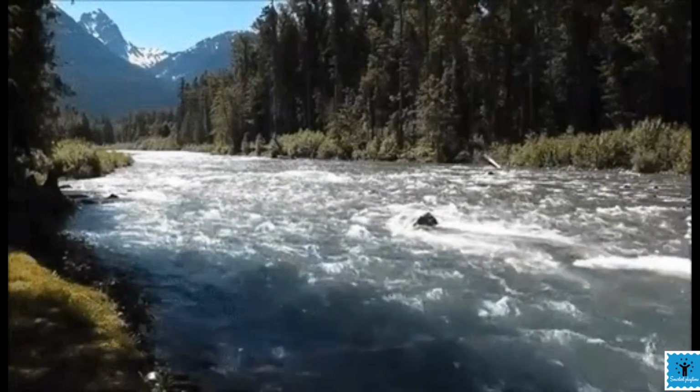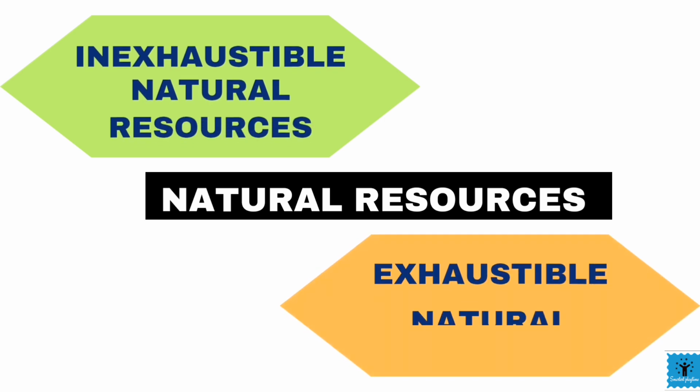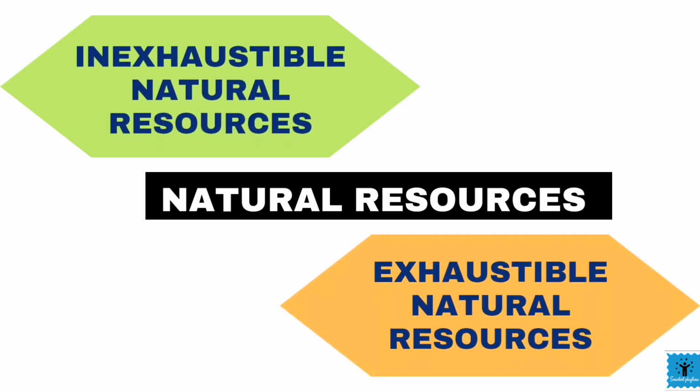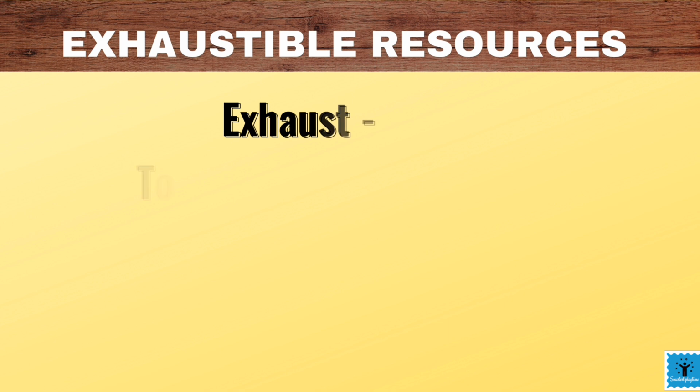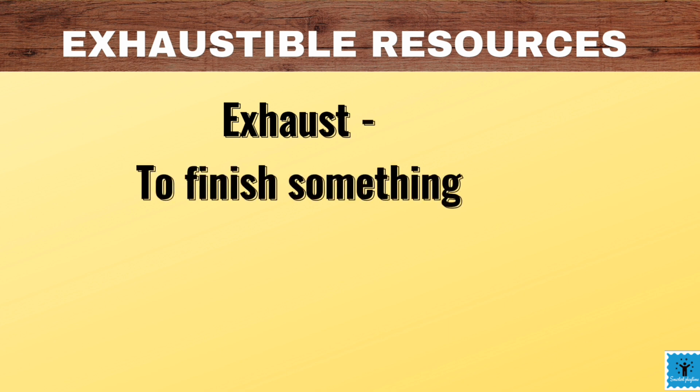Natural resources are necessary to support life on the earth, and they are also used to fulfill the needs of people. Natural resources are broadly classified into two categories: inexhaustible natural resources and exhaustible natural resources. So the first category is exhaustible natural resources. When we say exhaustible, the term exhaust means to finish something.